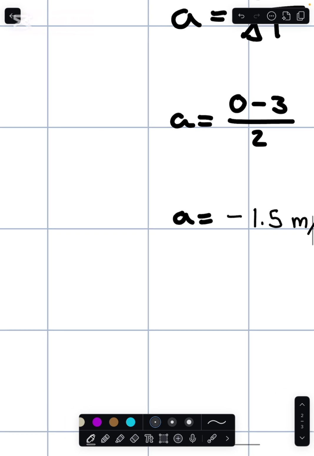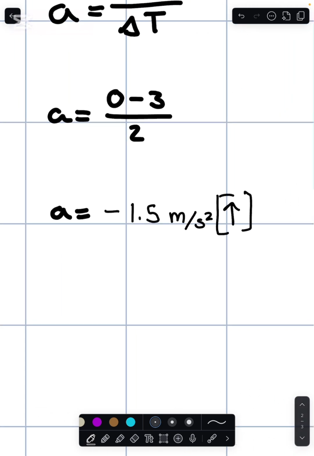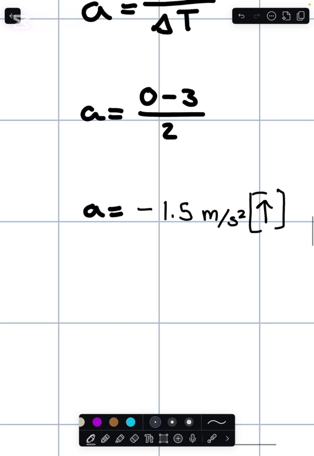Since we are going up, this will be in an upwards direction, but remember, when we have a negative acceleration, it's equal to the positive acceleration in the opposite direction. So 1.5 meters per second squared, and this will be downwards.